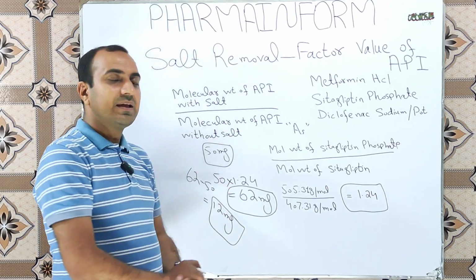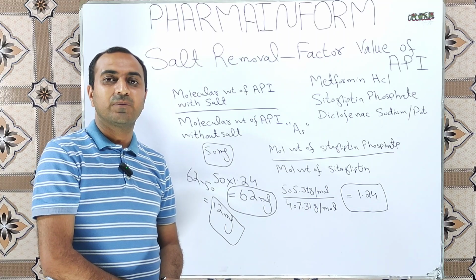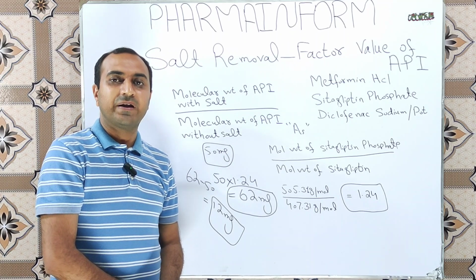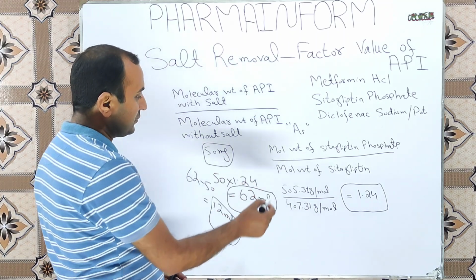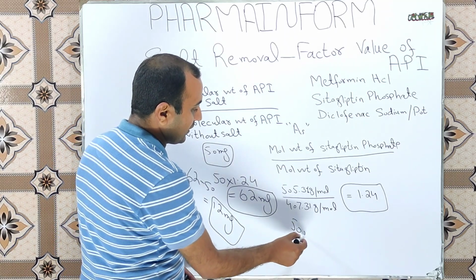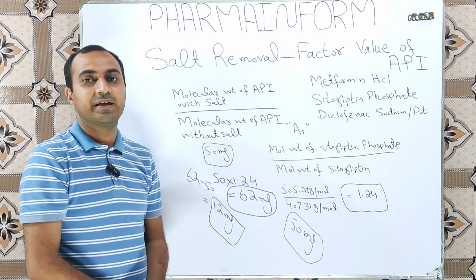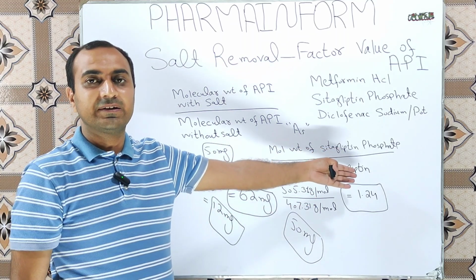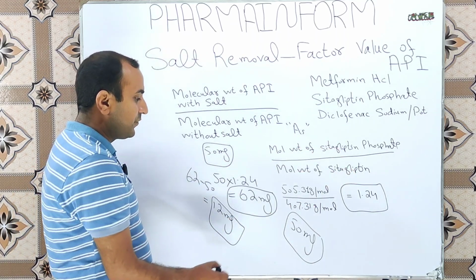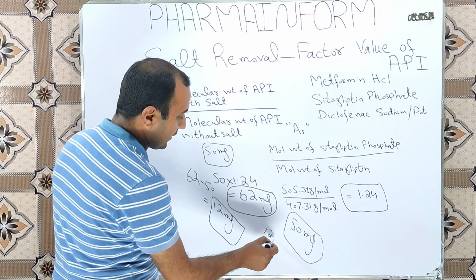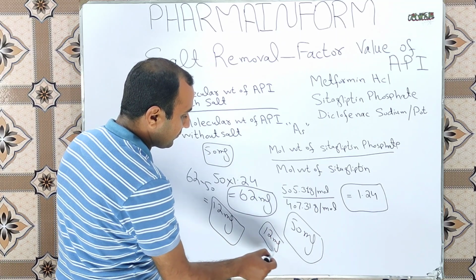So what will happen if we do not remove or adjust the factor value? Suppose we simply use 50 milligrams of sitagliptin phosphate. As we calculated the factor, from 50 milligram, 12 milligram is the phosphate.